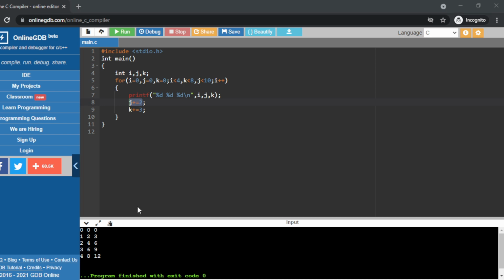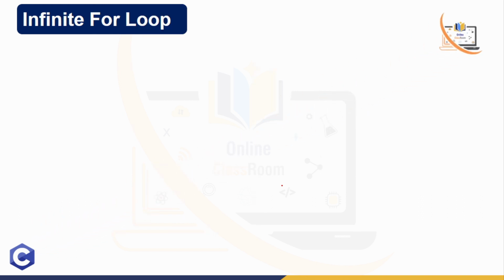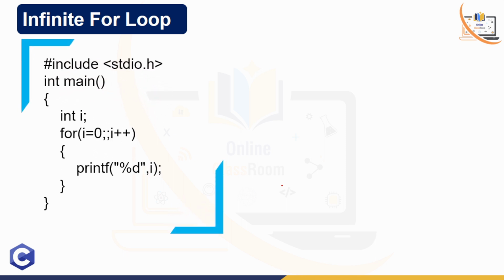Now again, if we go back to the slide, there are so many other options. Now that is called the infinite for loop. An infinite for loop means if we want to print or do some operation infinite times, we can write an infinite for loop. But there are two ways to write infinite for loops.